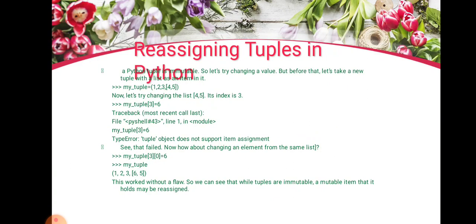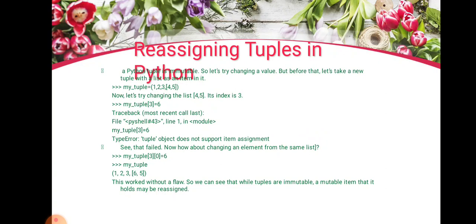So now, how to reassign tuples in Python. A Python tuple is immutable, so let's try changing a value, but before that let's take a new tuple with a list as an item in it. You can't reassign the values in a tuple after creating it.